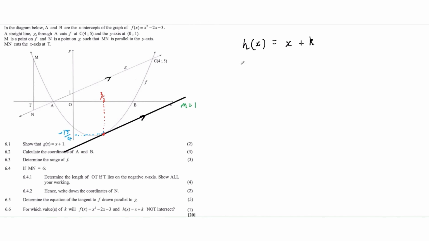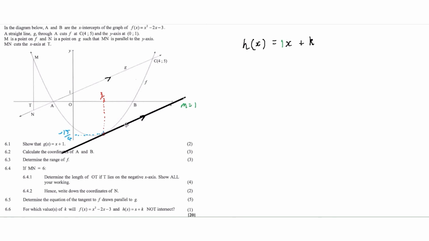That's going to be the y-intercept of the straight line, but we know that our gradient here is 1, which means that it's going to have the same gradient as this tangent that we worked out in our previous question.